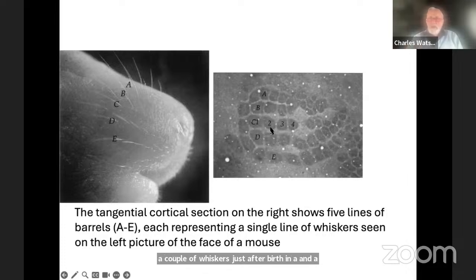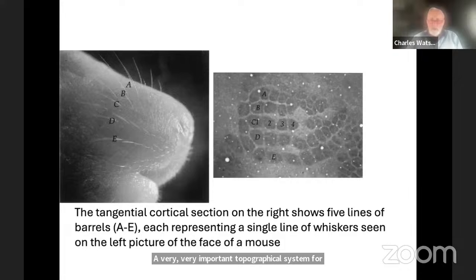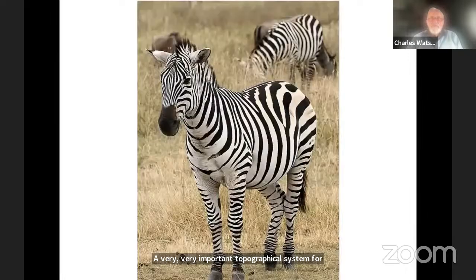So the barrel system has proved a very important topographical system for understanding the organization, development and recovery of the cortical areas.